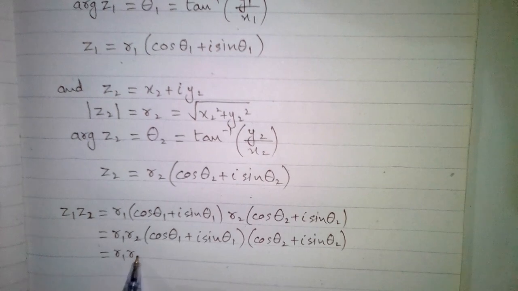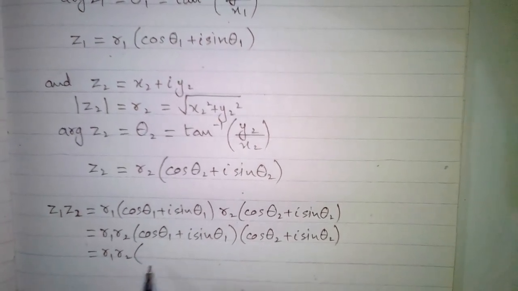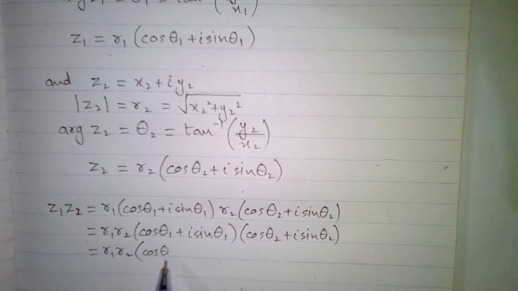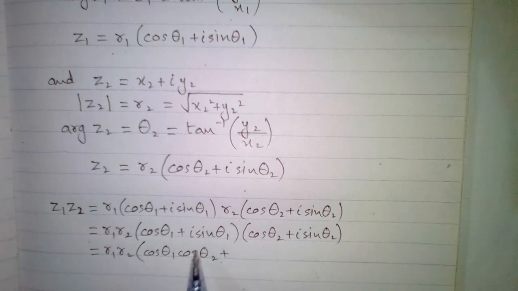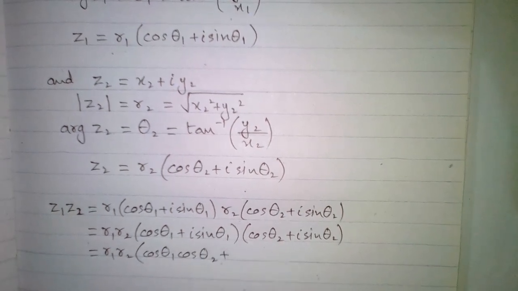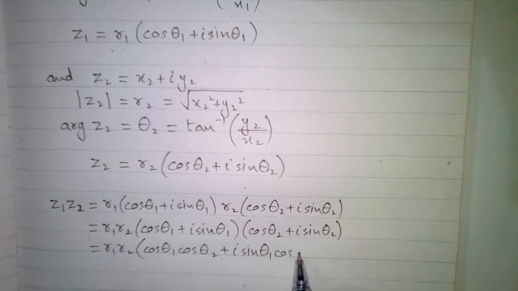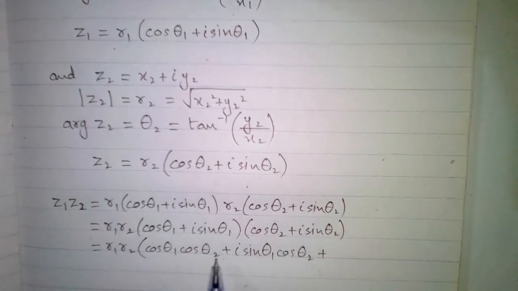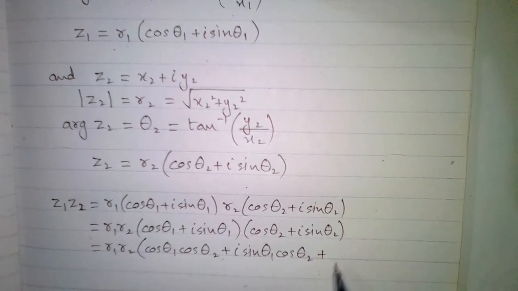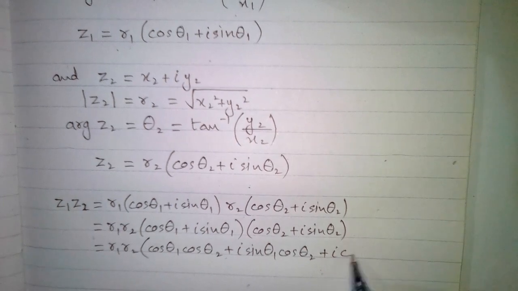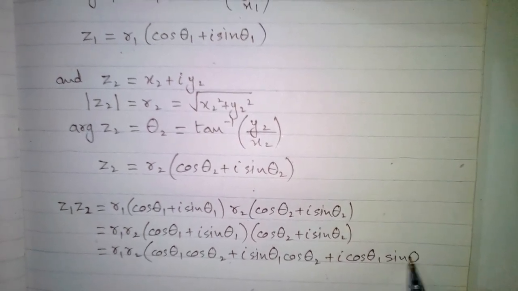and then r1 r2 times, cos of theta 1 multiplied by cos of theta 2 is cos of theta 1 cos of theta 2, plus iota sine of theta 1 multiplied by cos of theta 2 is iota sine of theta 1 cos of theta 2, plus, now cos of theta 1 times iota sine of theta 2 is iota cos of theta 1 sine of theta 2.